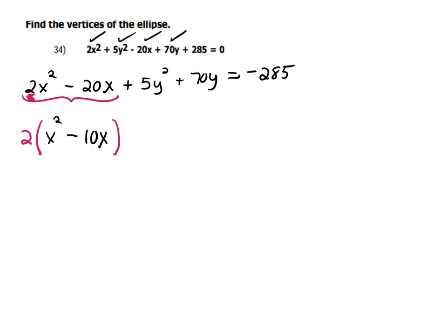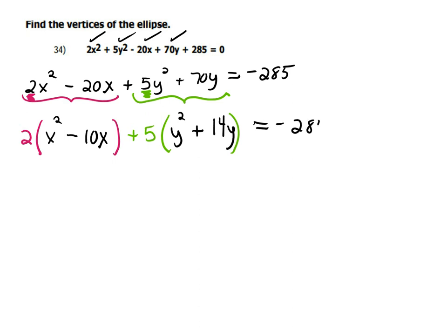Then on this next pair, again, this has to be a 1. So you're going to factor out a positive 5. And that will leave you with a y squared plus 14y.